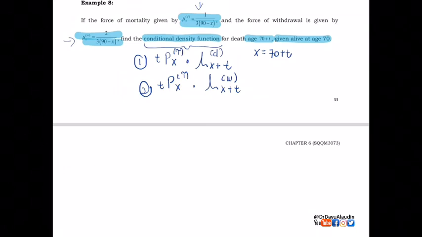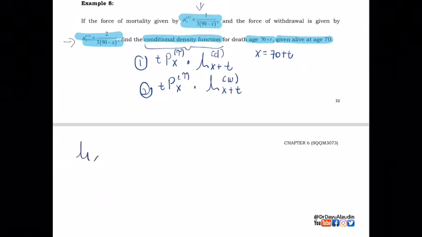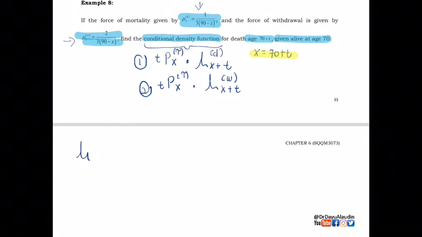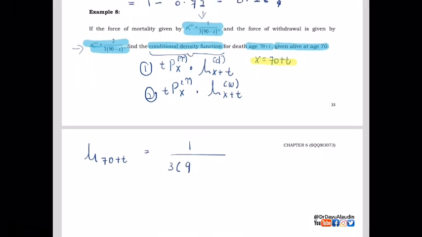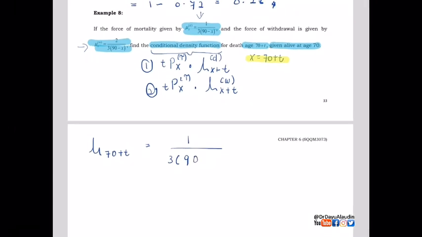First we have to convert the force of mortality in terms of this age, 70 plus t. So we have to change the function in terms of 70 plus t.